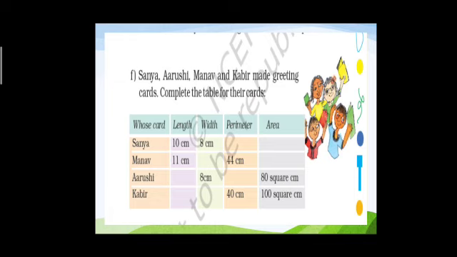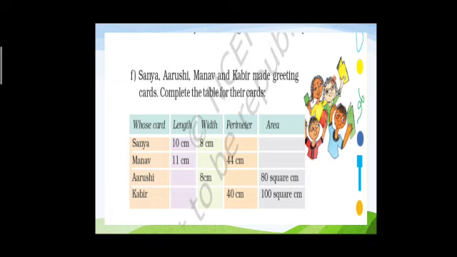Now students, here is a problem in tabular form where some dimensions are given to you and some are hidden. We have to find out the hidden dimensions. In the first part, Sanya's card, the length is 10 centimeter and the width is 8 centimeter.